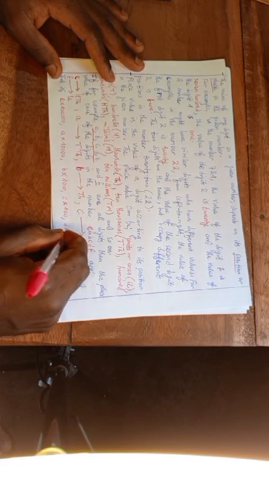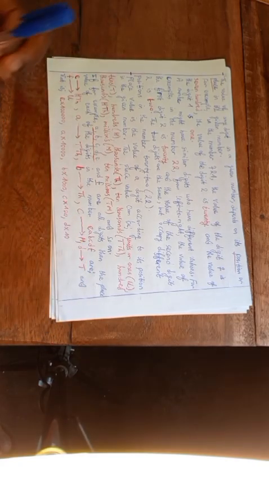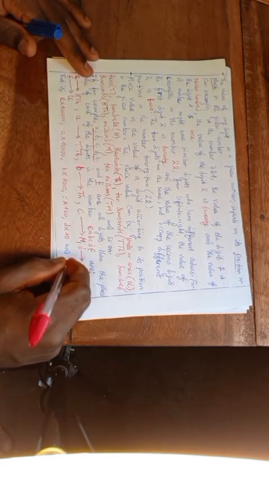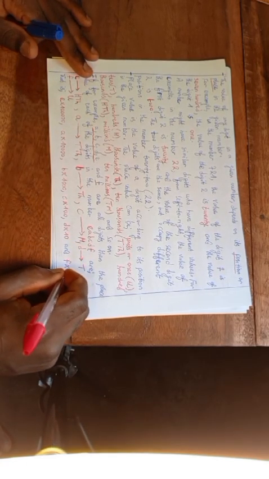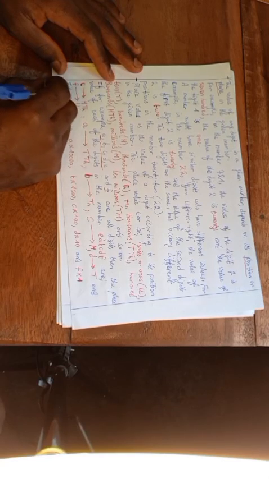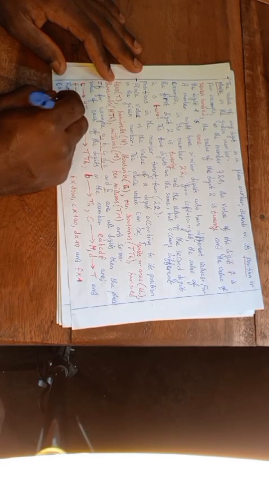B is multiplied by 1,000, 1 with 3 zeros. C is multiplied by 100, 1 with 2 zeros. D is multiplied by 10. And lastly, F is multiplied by 1. So you take note of that. That letter X we use simply stands for multiplication.